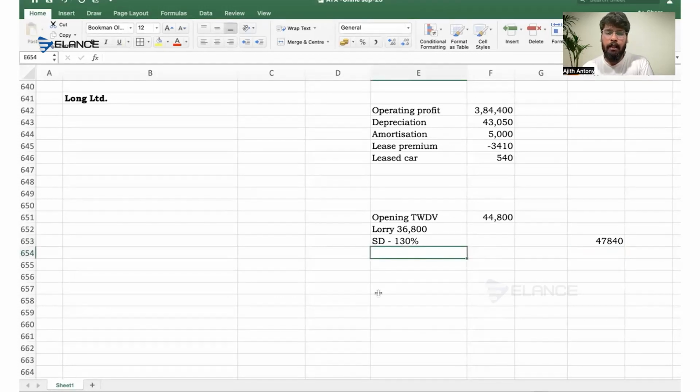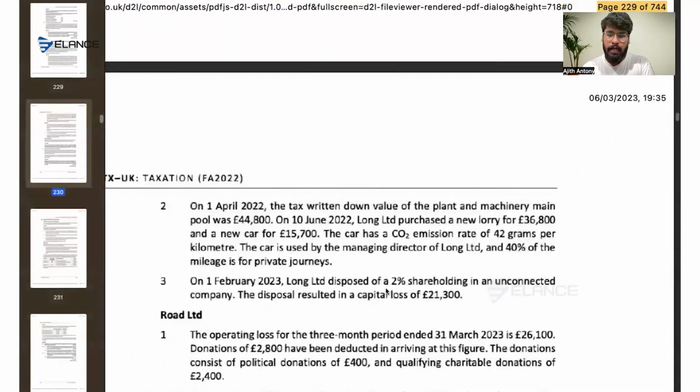Okay, and then the next item they had purchased is a new car. The new car for 15,700. The car had a CO2 emission of 42 grams per kilometer. So it will come under the main pool, and the car will never get any allowances, AIA, anything.